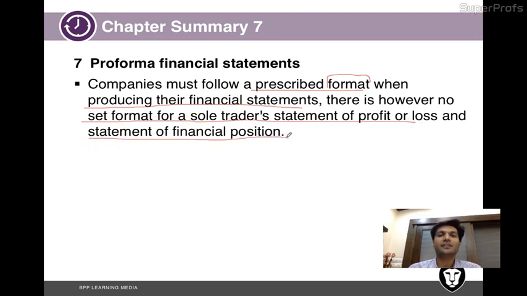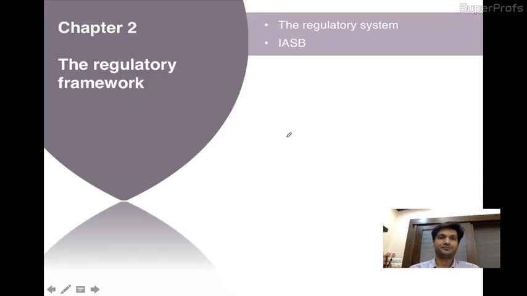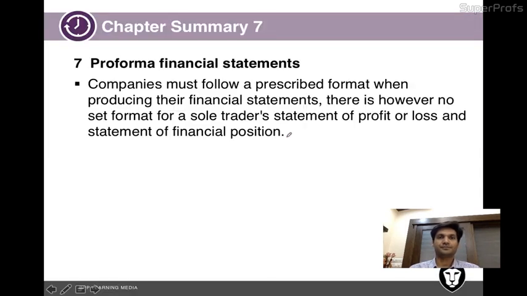That means the sole trader does not have to follow any particular format, but the company must follow a prescribed format. Only then will they be able to make their financial statements as per the requirement. Okay, so that means now we have done chapter number 1.